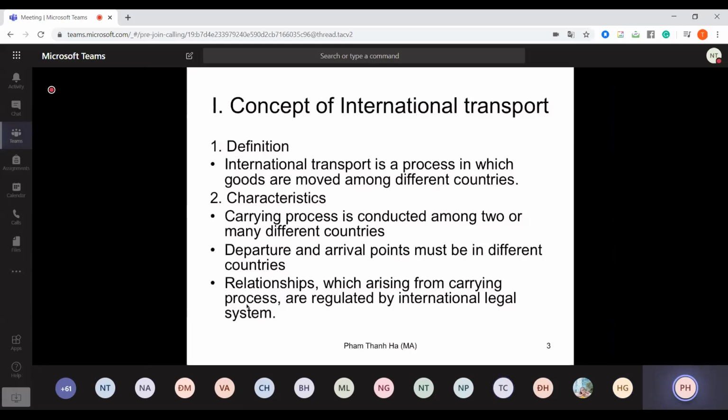ICC. What is ICC? International Chamber of Commerce? Yes. What is the International Chamber of Commerce? Who can give me a very general concept of the International Chamber of Commerce? I think ICC is a kind of organization.